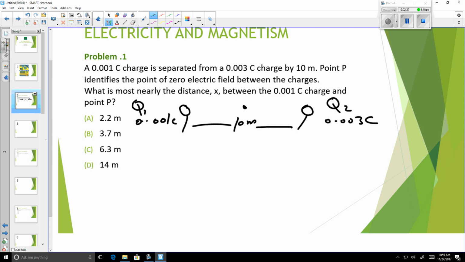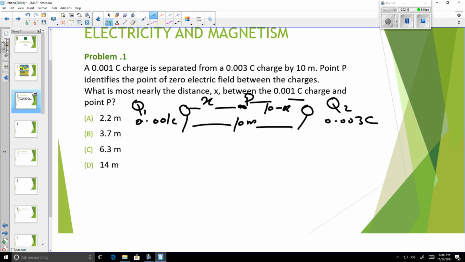The point of interest between the two charges is P, where the distance between Q1 and the point of interest is x, so we need to find x. Clearly, the distance between Q2 and P is 10 minus x.